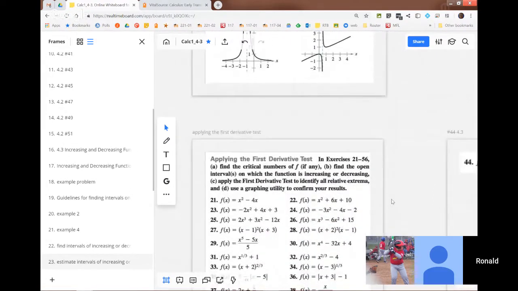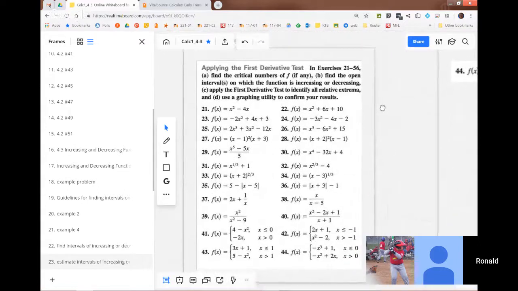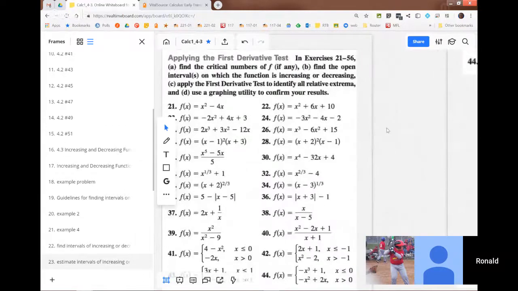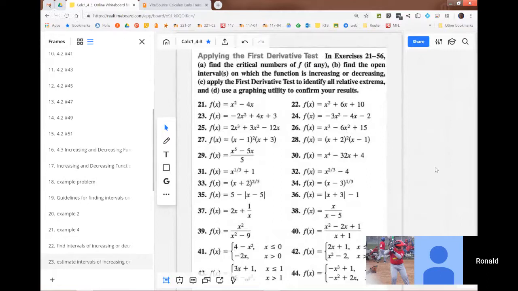Okay, let's go on to this next part. It says, applying the first derivative test, find the critical numbers, like we just did. Find the open intervals on which the function's increasing, and then apply the first derivative test. And then it says, go ahead and pull out Desmos or your graphing calculator to confirm.